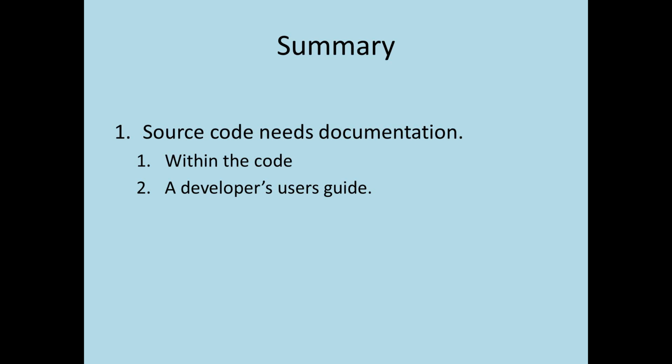Some expository English in the code itself so you can find your way around, with maybe groupings and headings so that you know where you are, and some map or guideline outside the code, what would essentially be a developer's user's guide, so someone could figure out how to get into the code and how to change things if they needed to.